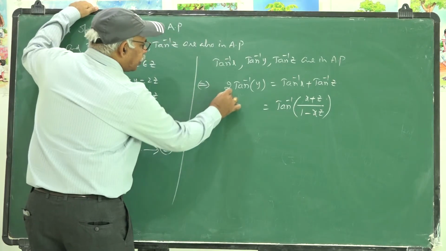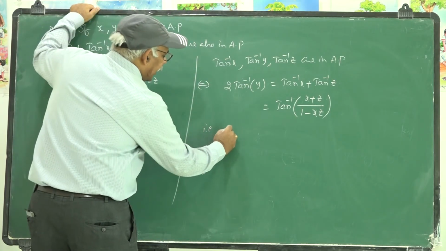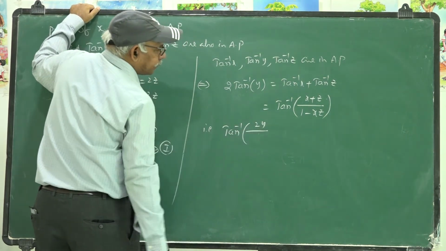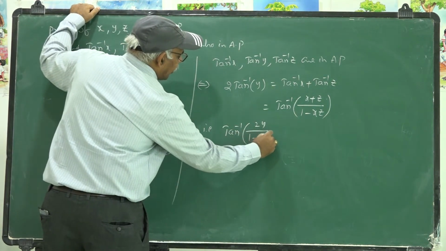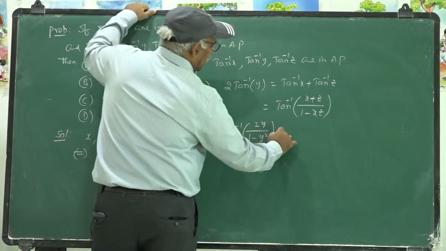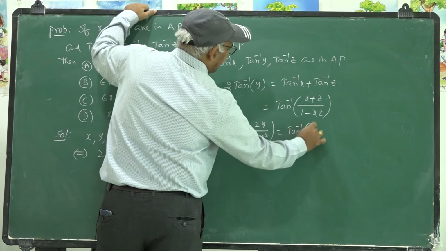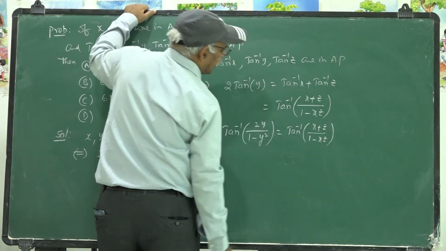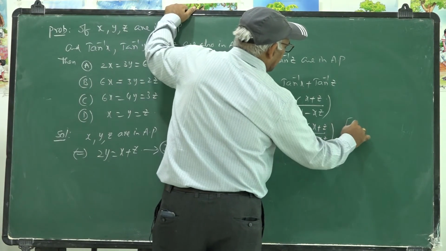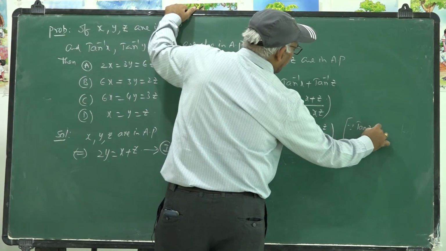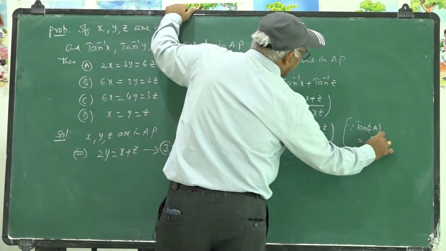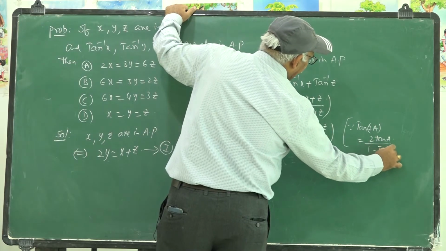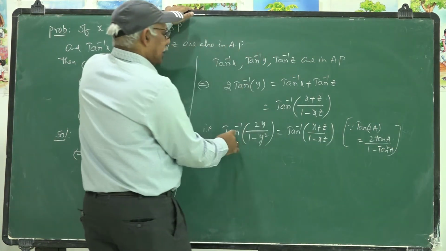That gives us 2 tan inverse y may be written as tan inverse of 2y by 1 minus y square, because of the tan 2a formula, since by the formula tan 2a equal to 2 tan a by 1 minus tan square a, you can update this result.